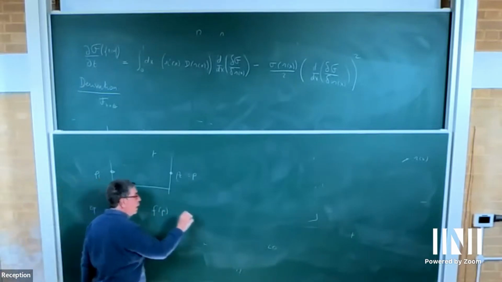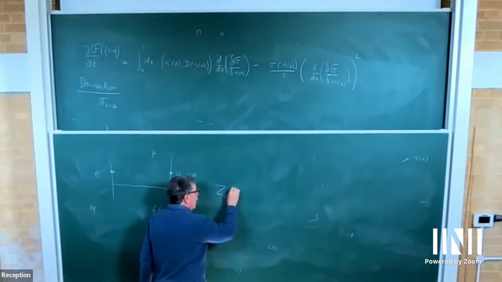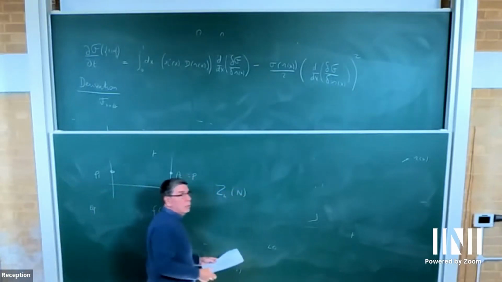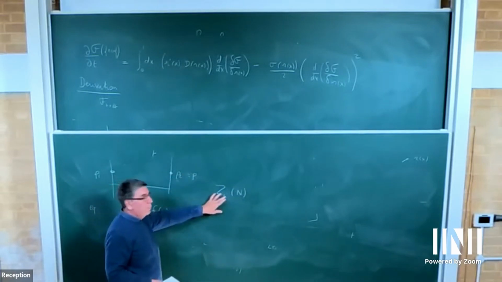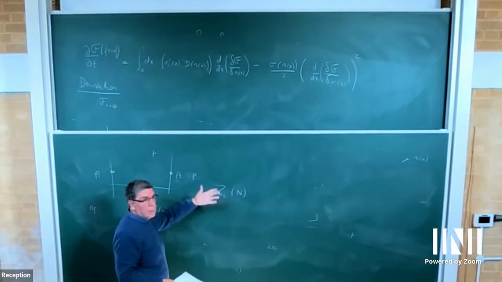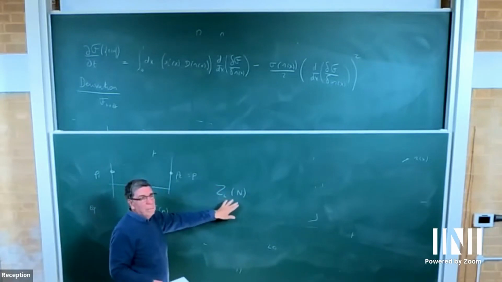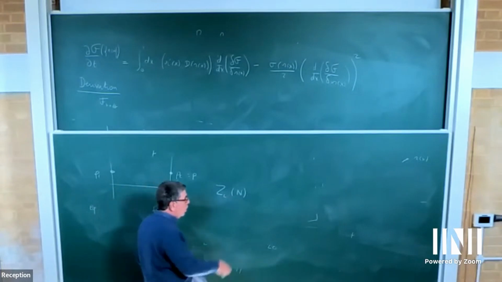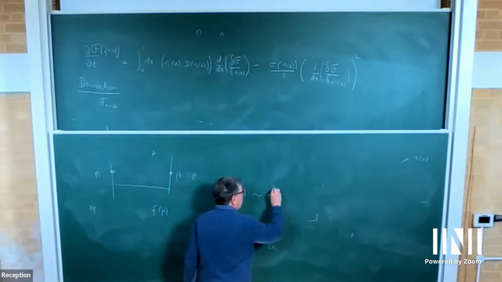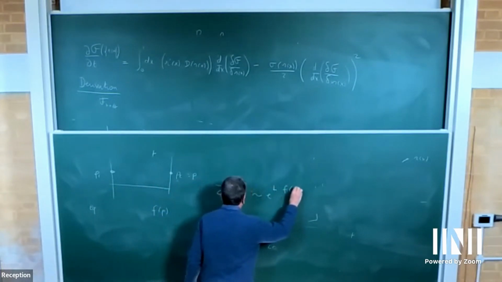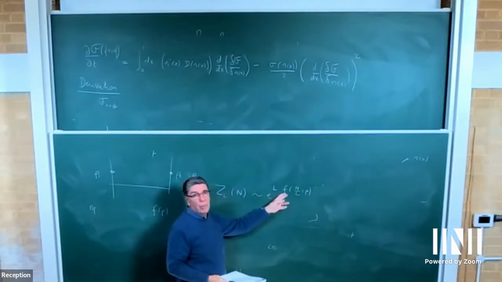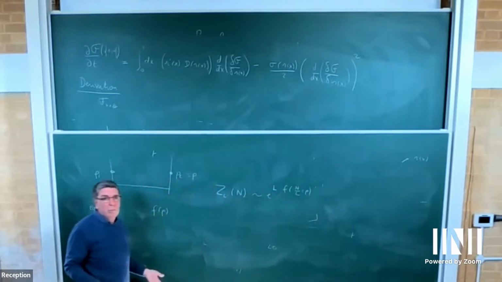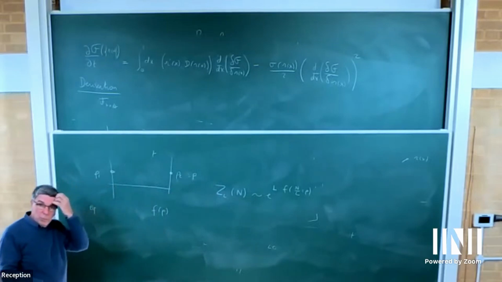Imagine that the system is large and I have Z_L of N particles. The particles might interact, and this will depend essentially also on temperature, but I just want to discuss how it depends on the number of particles. So when the system is large, this will be e to the L times F of rho, where rho is N over L. So if I have a certain density, the system is extensive, and F is essentially the free energy up to a factor beta or whatever.